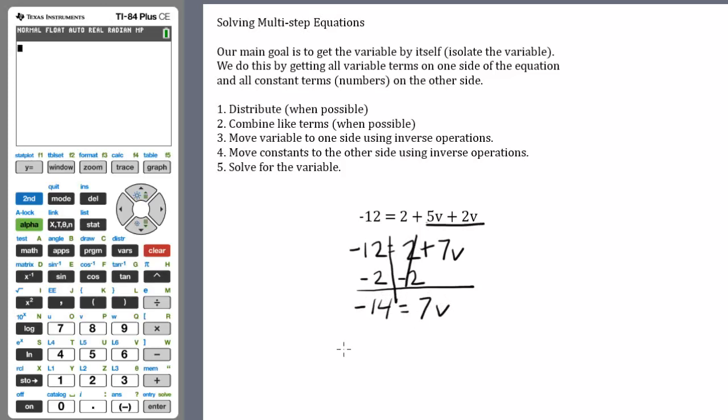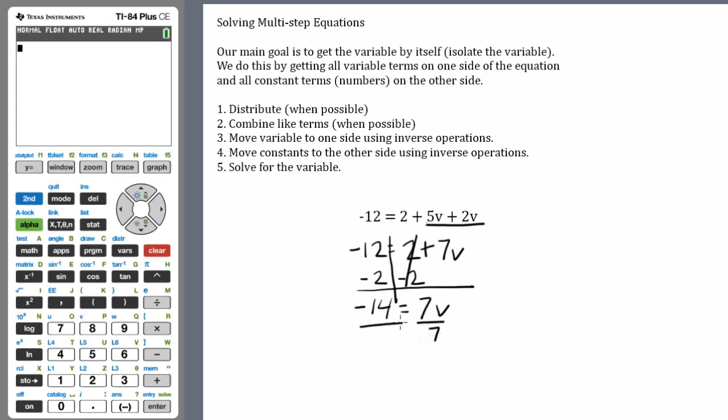And once you're set up like this, it's easy to solve because all you got to think is, I want to get v by itself. I want to isolate v. But right now I have 7 times v. So you're multiplying v by 7. So think, what's the inverse of multiplying by 7? The inverse of multiplying by 7 is dividing by 7.